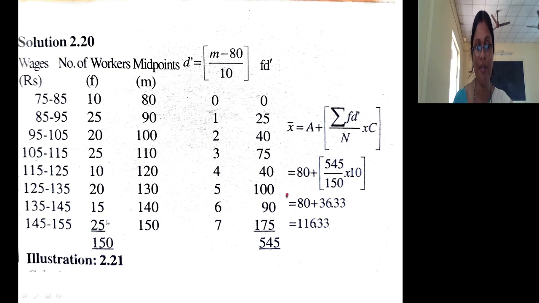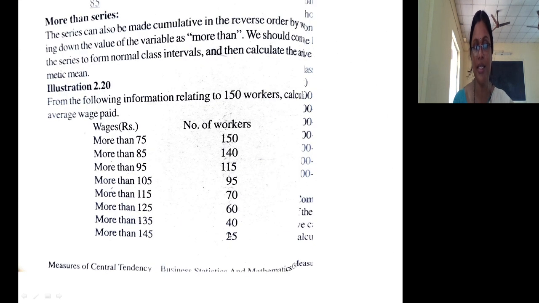So 25 is the frequency given in the problem. Then 40 minus 25, 15. 60 minus 40, 20. 70 minus 60, 10. 95 minus 70, 25.